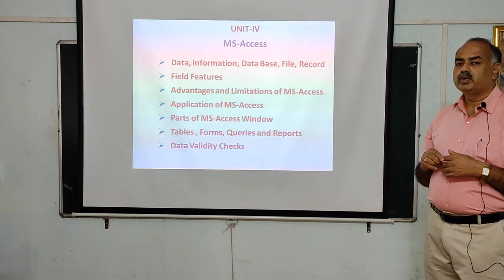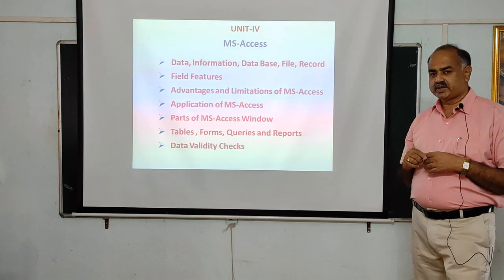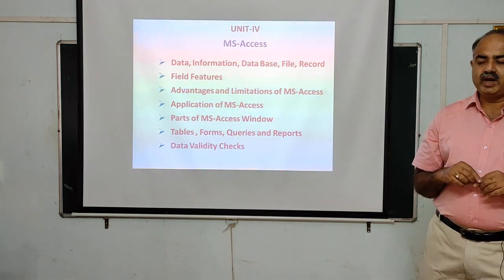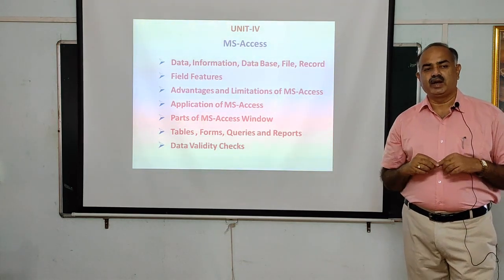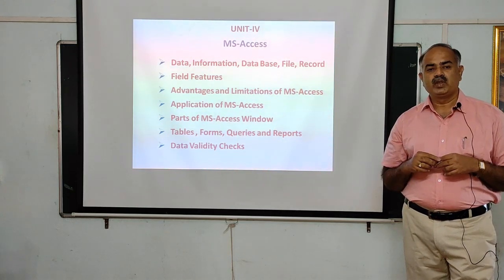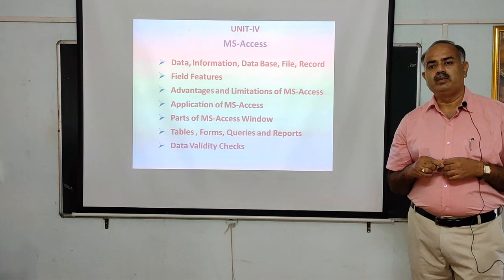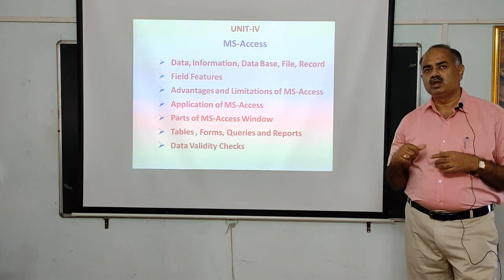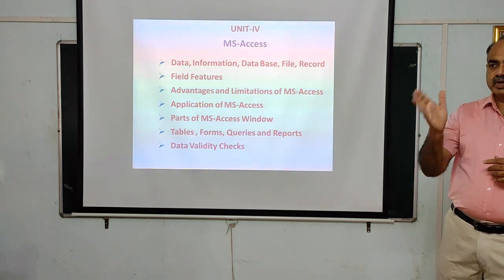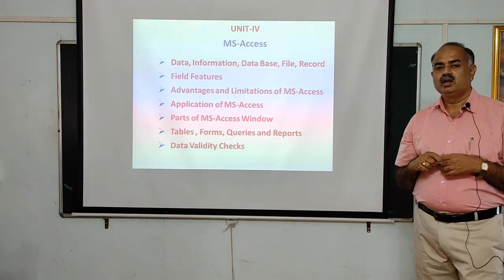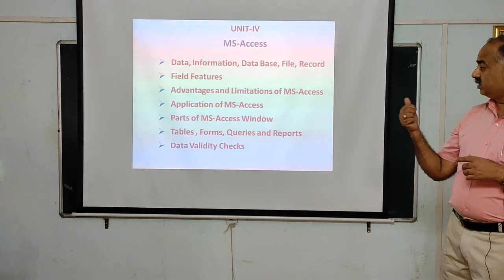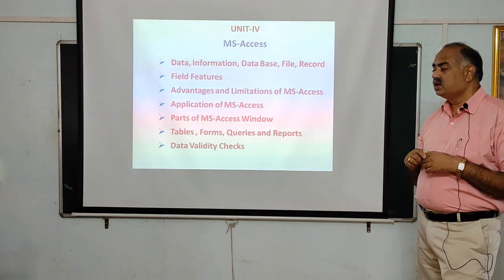Then we come to the data validation checks. There are record level validation and field level validation, two types of validation methods. Then there are some other elements we can use to restrict data entry and field entry, that can be done in this validation process.